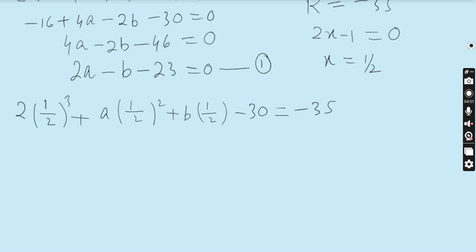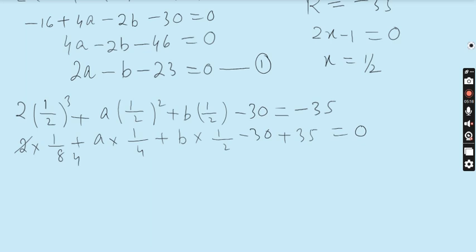Simplify it. 2 into 1 upon 2 cube is 1 upon 8, a into 1 upon 2 square is a upon 4, b into 1 upon 2, minus 30, and this negative 35 on this side, it is plus 35, equal to 0.